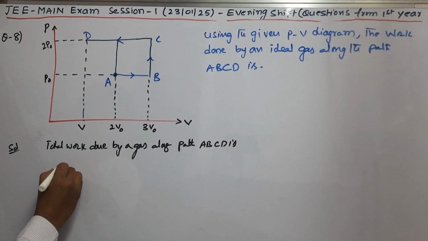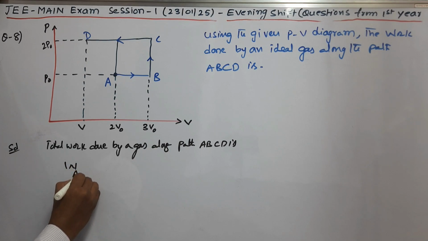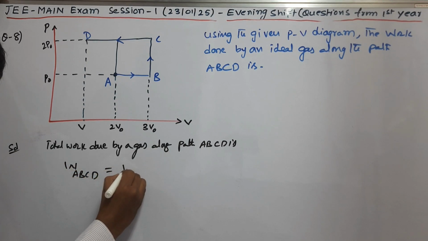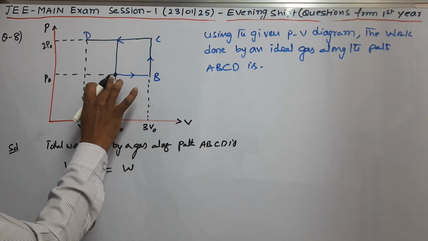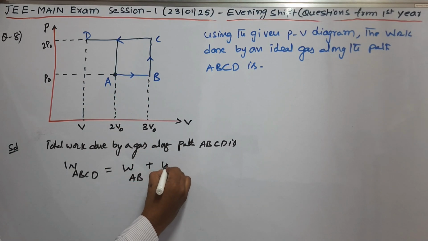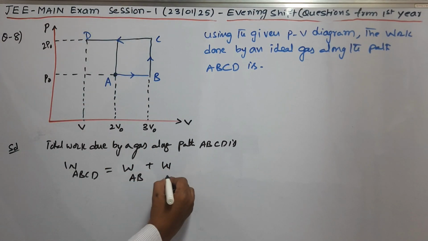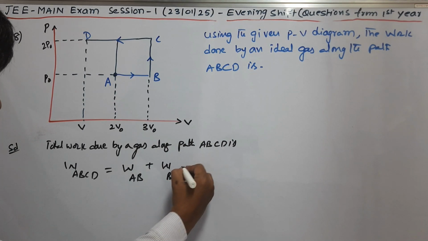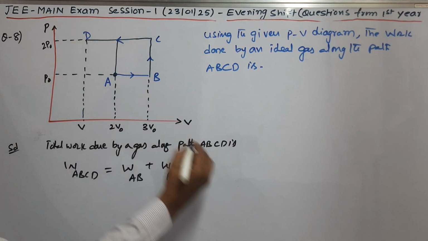W ABCD is equal to the work done by the gas from A to B, plus the work done by the gas from B to C, plus the work done by the gas from C to D.